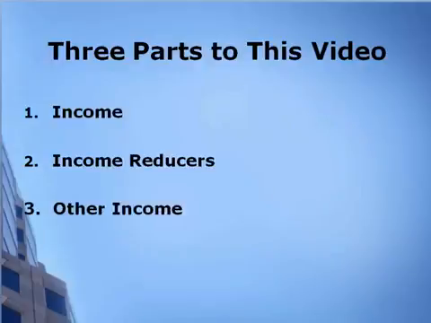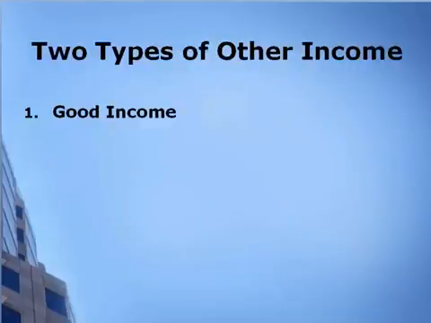And then finally, what we need to look at is the other income section. Now, obviously, you might think to yourself, okay, other income, that's easy. If it's not rental income, then it's other income. And you're absolutely right. But it's important that you understand that when we're looking at other income, there are two types of other income.